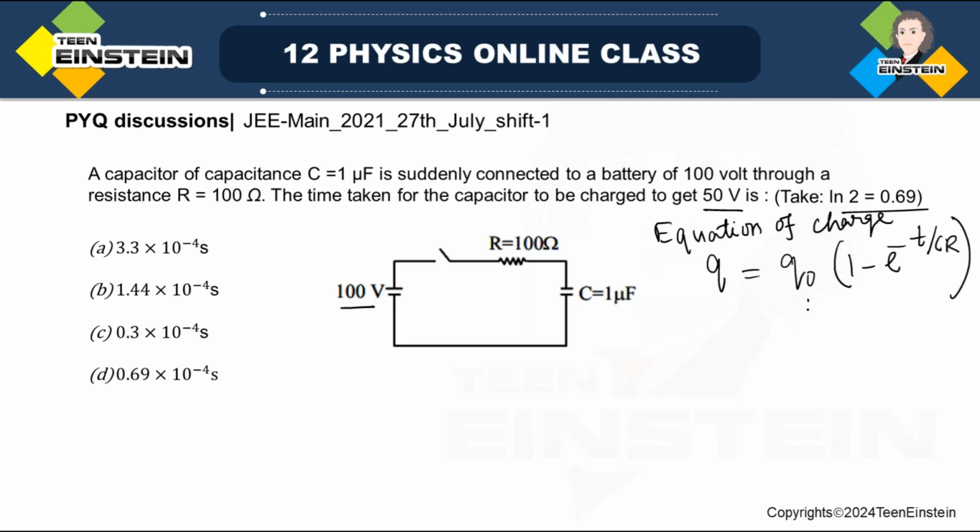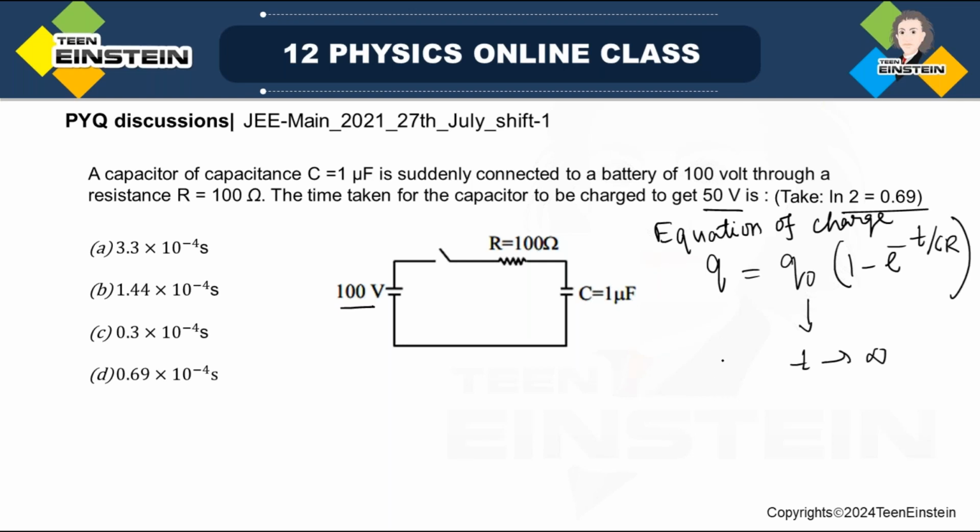What is Q0? This is when time is infinite, that means the steady state charge or the total charge stored in the capacitor when it becomes fully charged, right? And Q is the charge at any instant of time t.